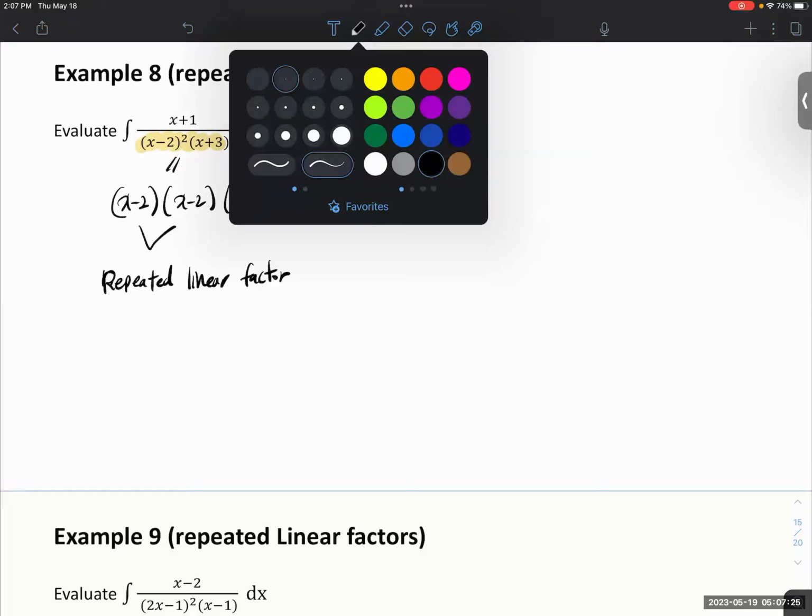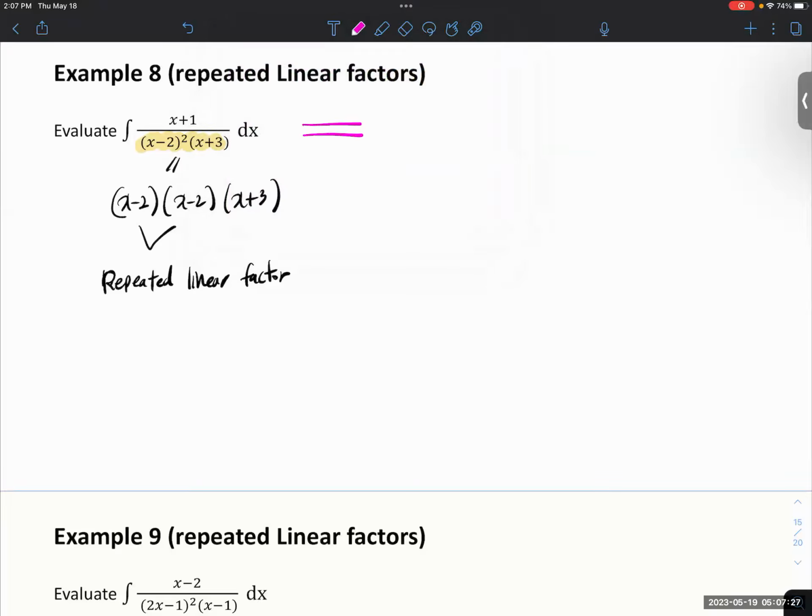So what happened? A over x minus 2, plus B over x minus 2 squared, you're going to go up to the repeated exponent, and C over x plus 3. Then you're going to solve the rest, find the common denominator. Multiply x plus 3 by x minus 2, top and bottom.